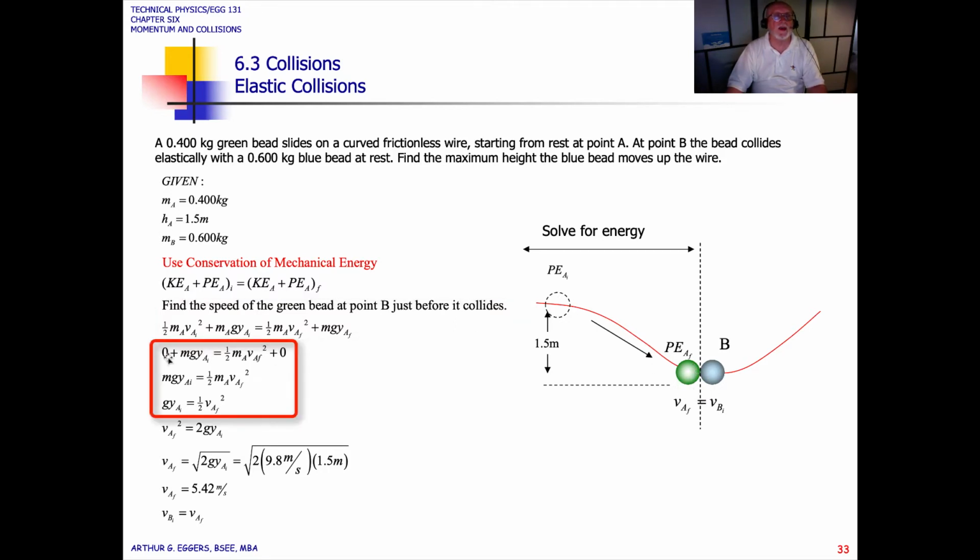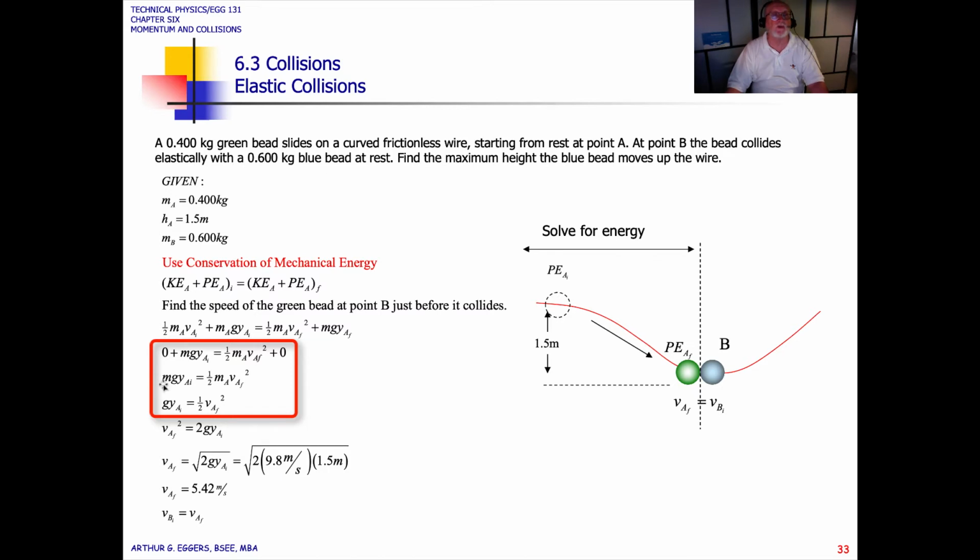We know the initial velocity of the green bead is 0, so we can throw that term away, but it still has all of the potential energy at the top of the wire. On the other side, we've got all of our kinetic energy as the bead comes sliding down, 1/2 mv squared. And at the bottom, just before it hits the blue bead, we have lost all of our potential energy, so that goes to 0.